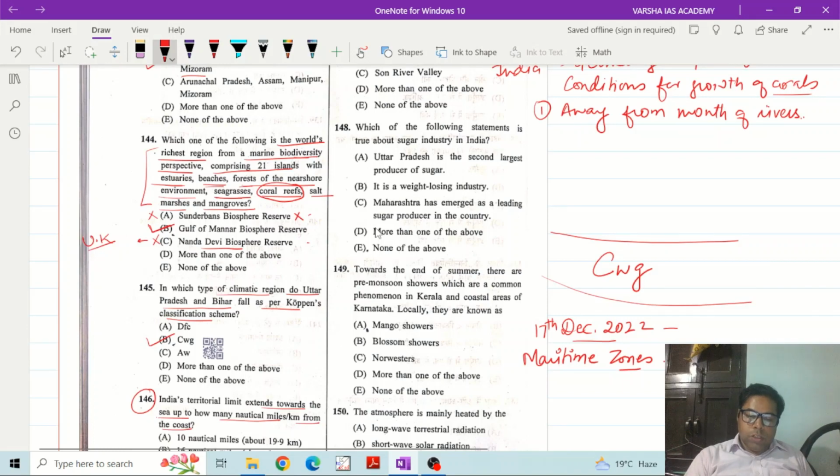Which of the following statements is true about the sugar industry of India? First, Uttar Pradesh is the second largest producer of sugar cane.